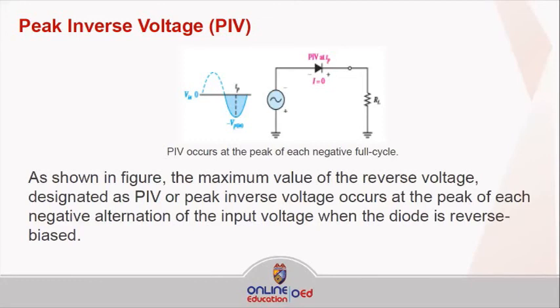Okay, ano nangyayari kapag peak inverse voltage, meron siyang negative alternation. Ang nangyayari kasi, the maximum value of the reverse voltage designated as PIV occurs at the peak of each negative alternation of the input voltage when the diode is reverse biased. Okay?